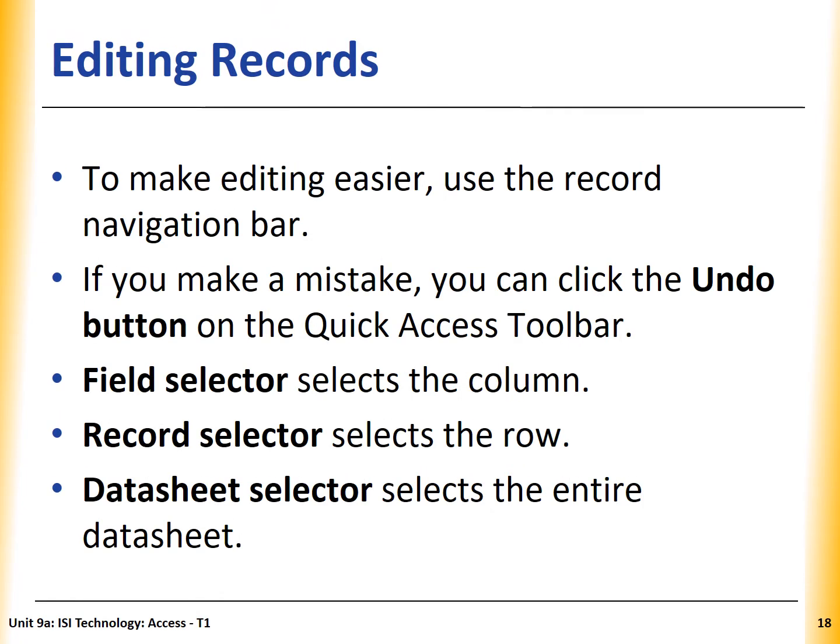Now let's talk about editing records. To make editing easier, use the record navigation bar. If you make a mistake, you can click the Undo button on the Quick Access Toolbar. The one I showed you earlier, do you remember this one? Field selector selects the column, record selector selects the row, datasheet selector selects the entire datasheet.